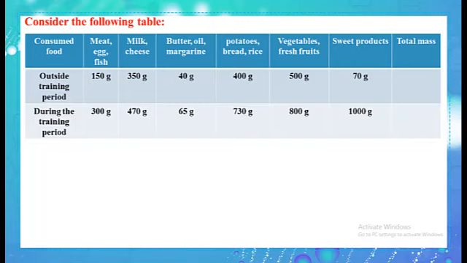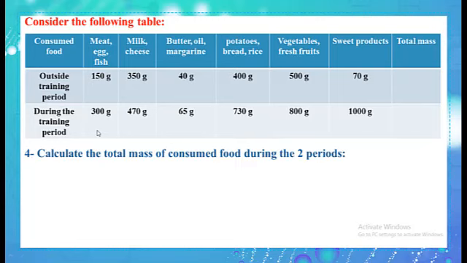As you can see here, the consumed food during the training period increases. So number 4, calculate the total mass of consumed food during the two periods. So now hold your calculator in order to calculate the total mass consumed outside the training period.